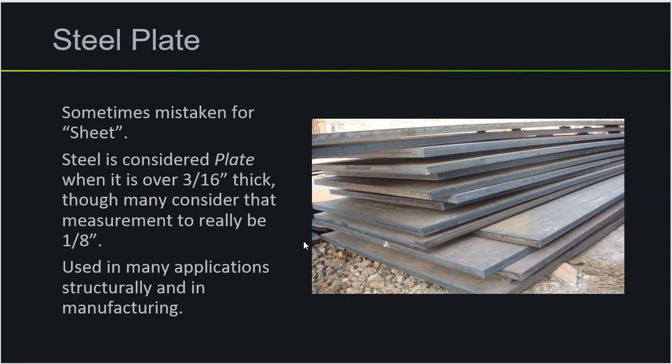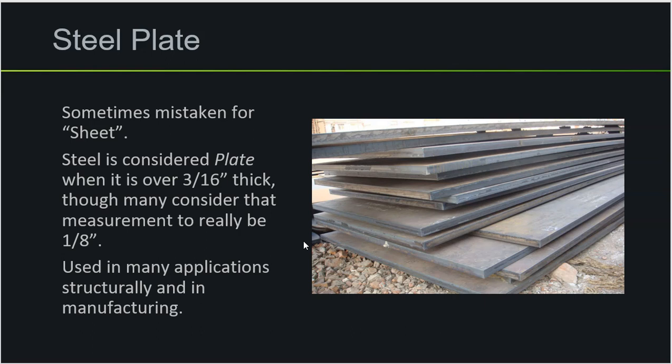And so I will say this, that there is another shape out there very similar to steel plate, and that is steel sheet. So there is a difference between the two. Plate is anything that is thicker than 3/16. Now this is where there's a little bit of debate.